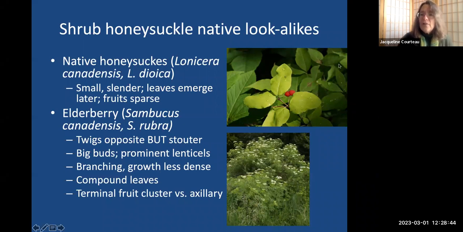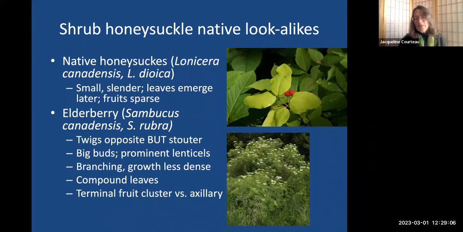But look overall, much more sparse. You don't see that dense pattern of fruiting with every single leaf axil having the paired fruits. So if you are in a place where you see some really small honeysuckles, you should double check that it's not one of the natives.